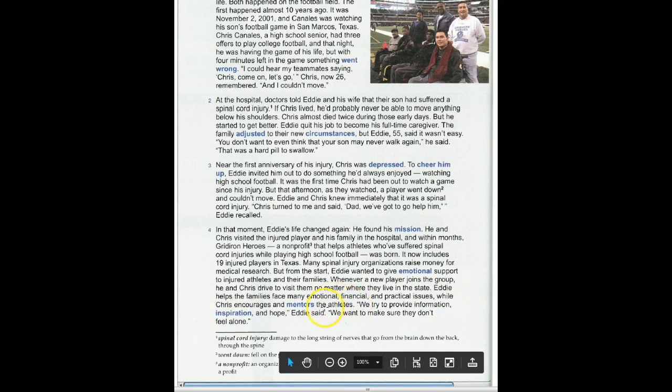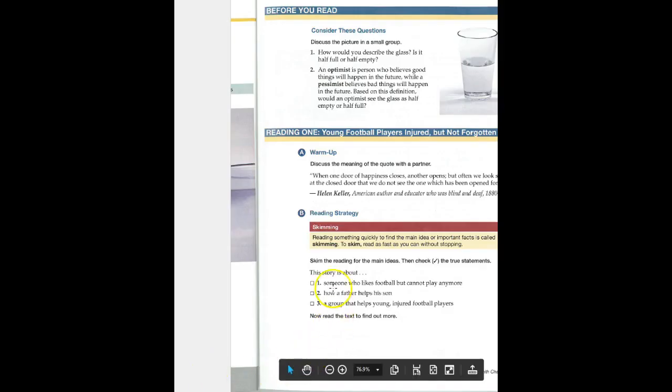Okay, so they are helping athletes, and they are also helping families. Do you see that? So they refers to athletes and also perhaps families. Okay? So we were skimming the text for main ideas.